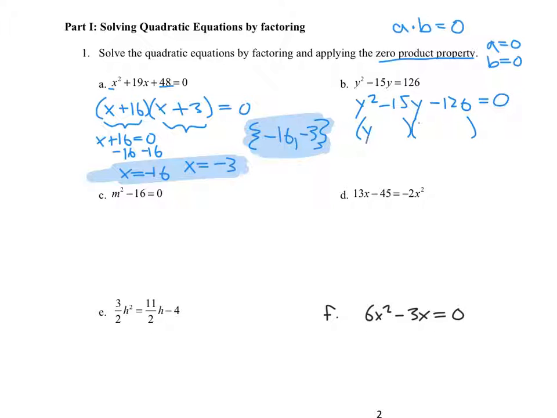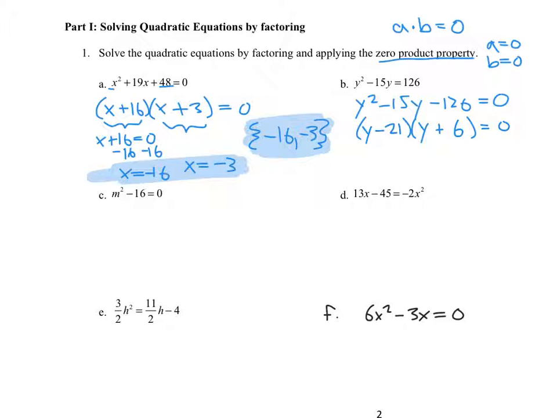And we get y, and we need two things that multiply to 126 and add to negative 15. I believe we want 21 and 6, and we want them to multiply to a negative, so they're going to have to be opposite signs, and then they need to add to negative 15y, so I want the bigger one to be negative, so minus 21 and plus 6.